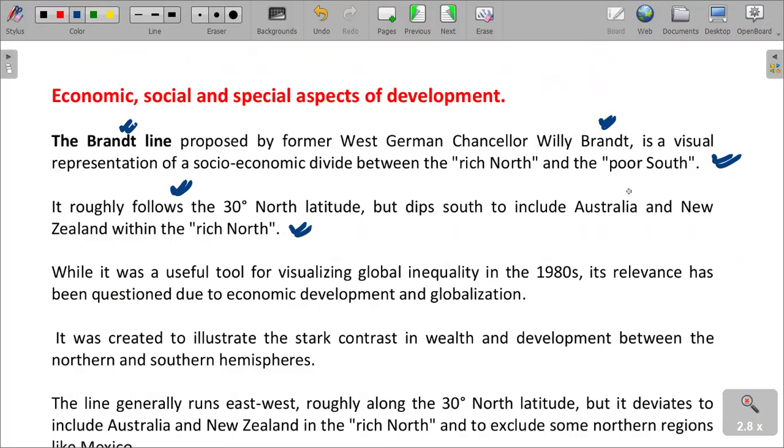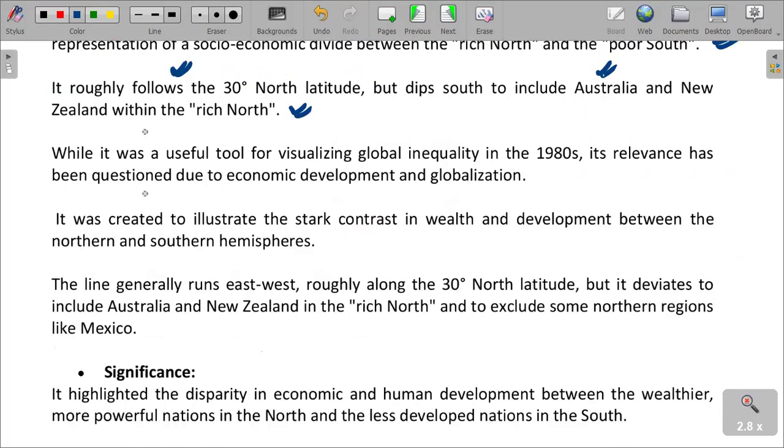So on the rich north, we also have countries such as Australia and New Zealand. It was a useful tool for visualizing global inequality. It identifies global differences, that is, the divide between the North and the South in the 1980s. And its relevance has been questioned due to economic development and globalization.